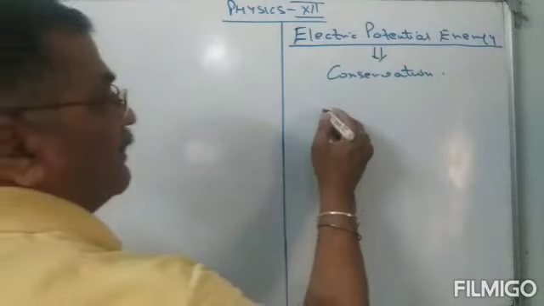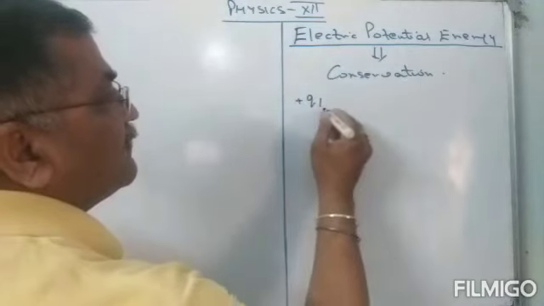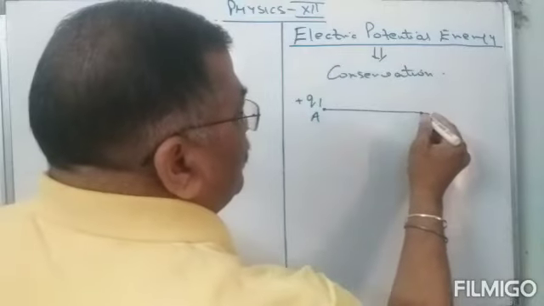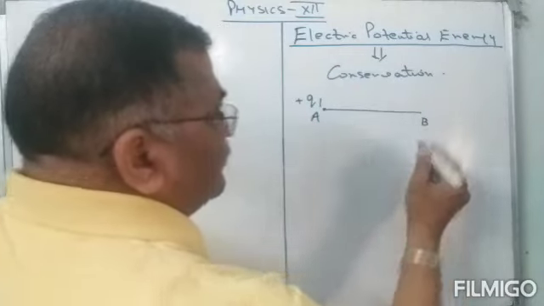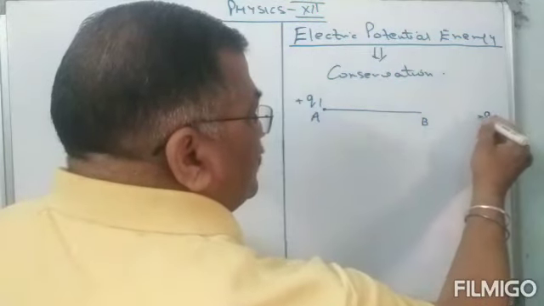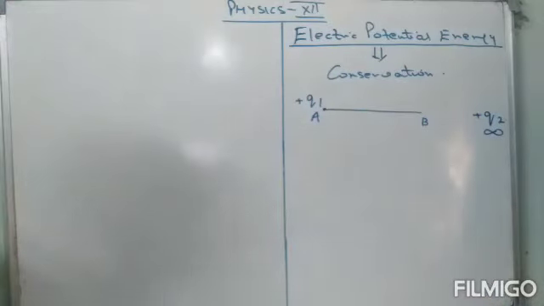So here I will take Q1 charge, positive, at point A. I have taken a point B here. Initially, I have taken a test charge, a positive charge Q2, at infinity.